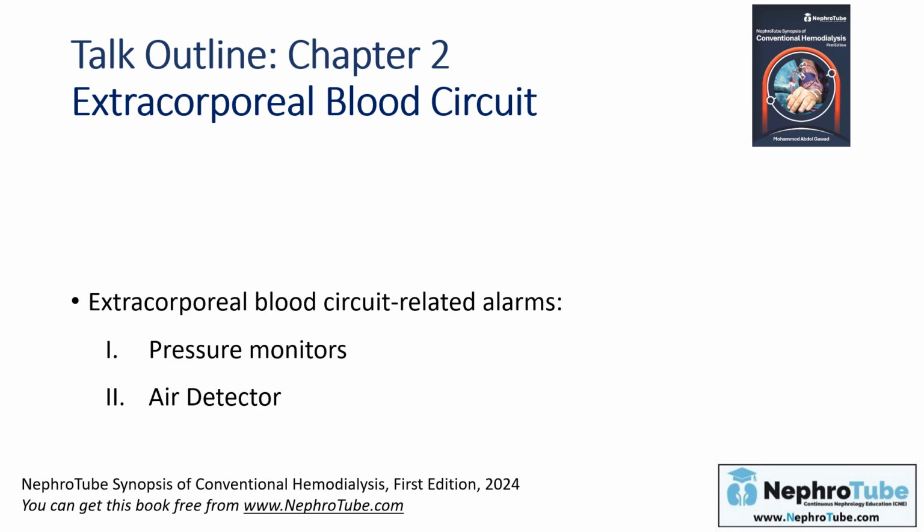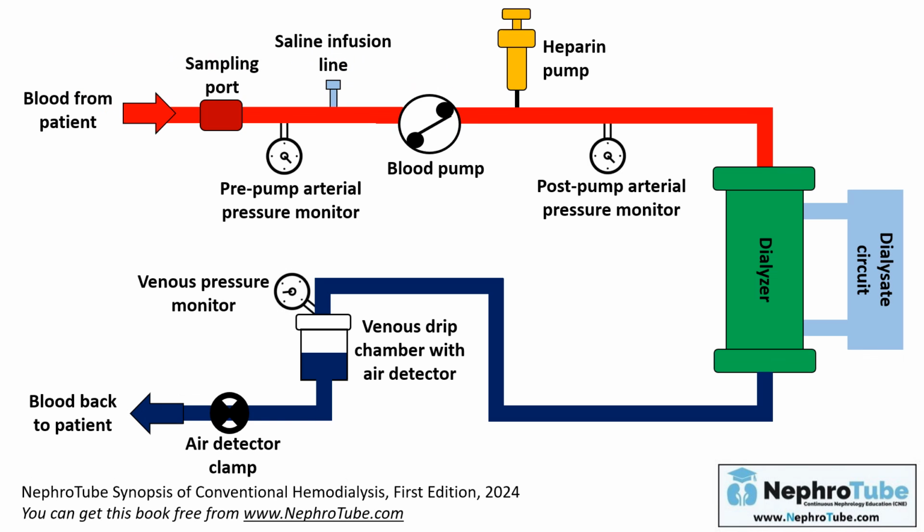The second blood circuit related alarm is the air detector. As we mentioned in the first slide, the venous drip chamber has an air detector and a blood level detector.